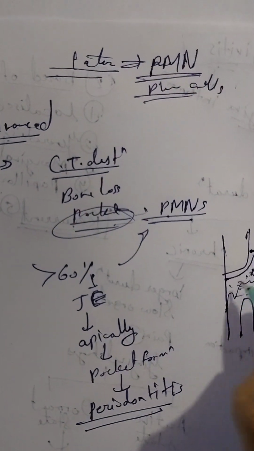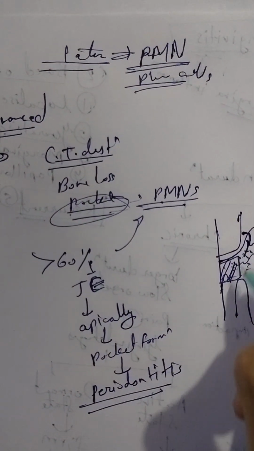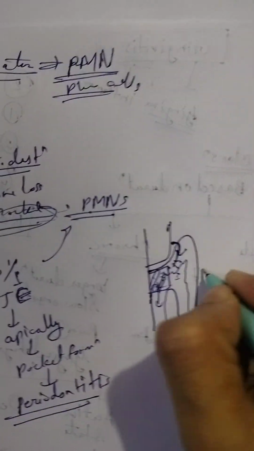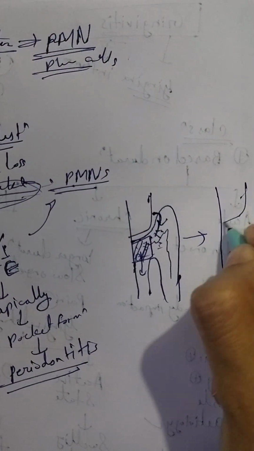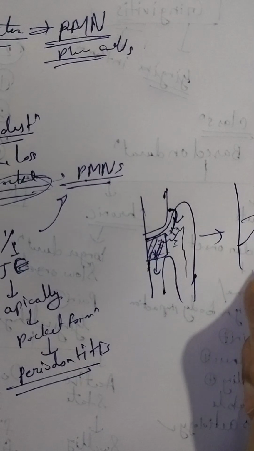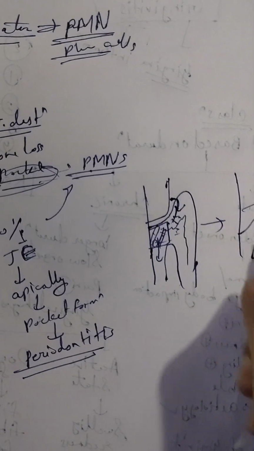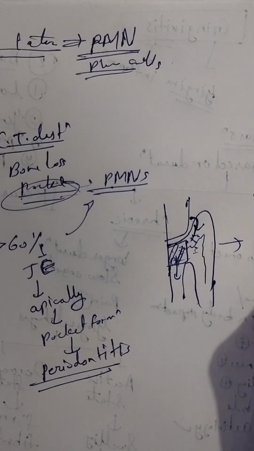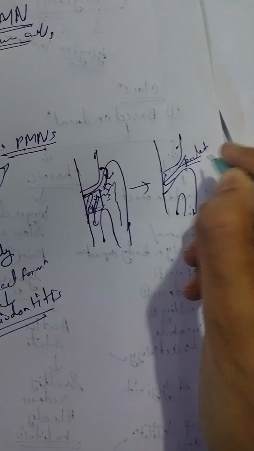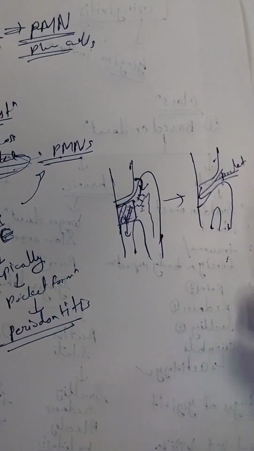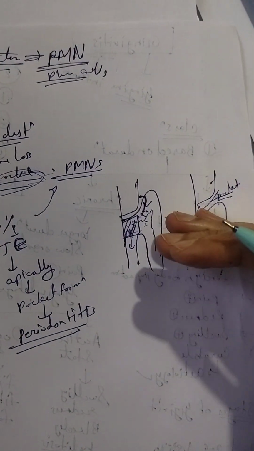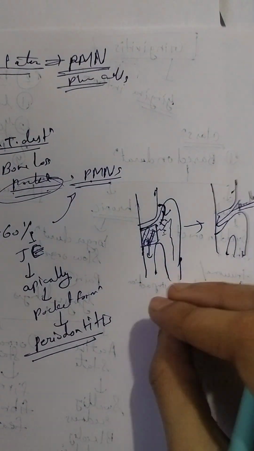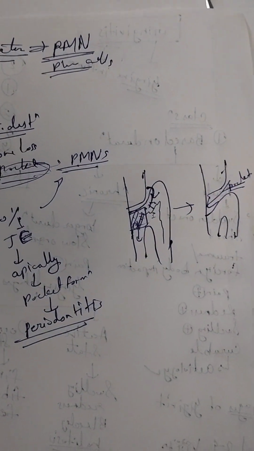So the junctional epithelium is shifted apically, and then it leads to the formation of this pocket, and further bone loss occurs and leads to the periodontitis case.